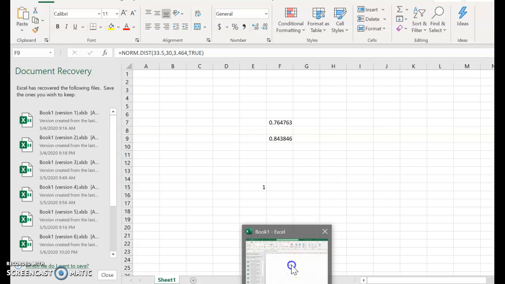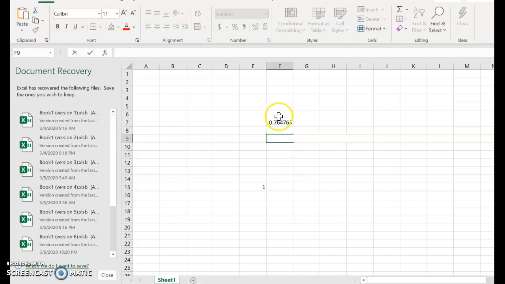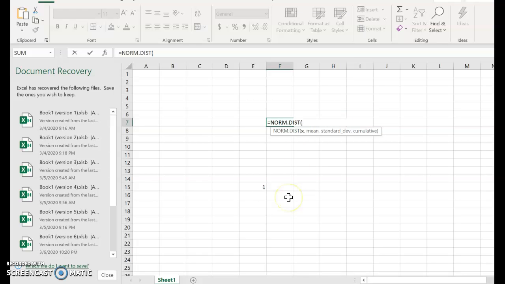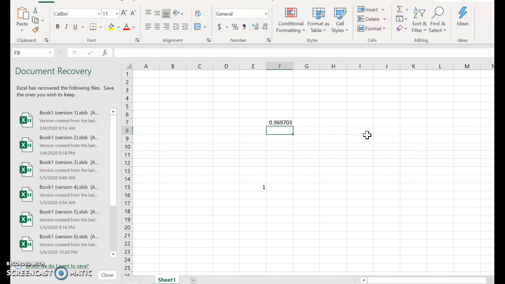So let's go into Excel and put equals norm dot dist, double click. X is, we said, 36.5, I believe. The mean is 30, the standard deviation is 3.464, and then you're going to double click on true, close the parenthesis and press enter.